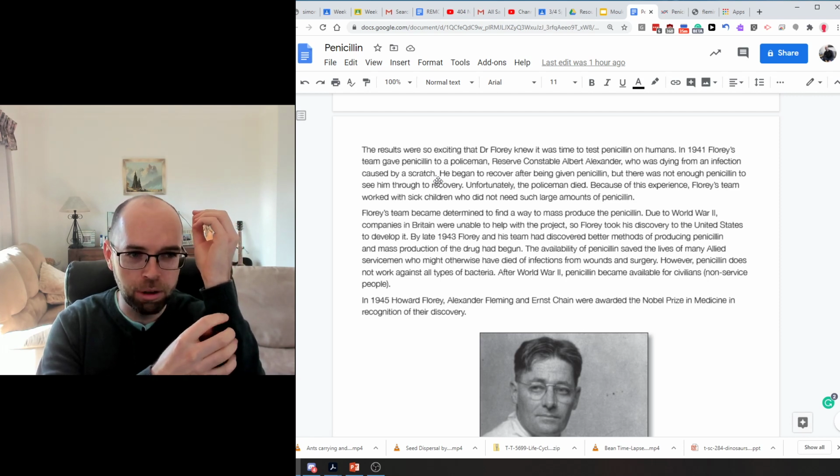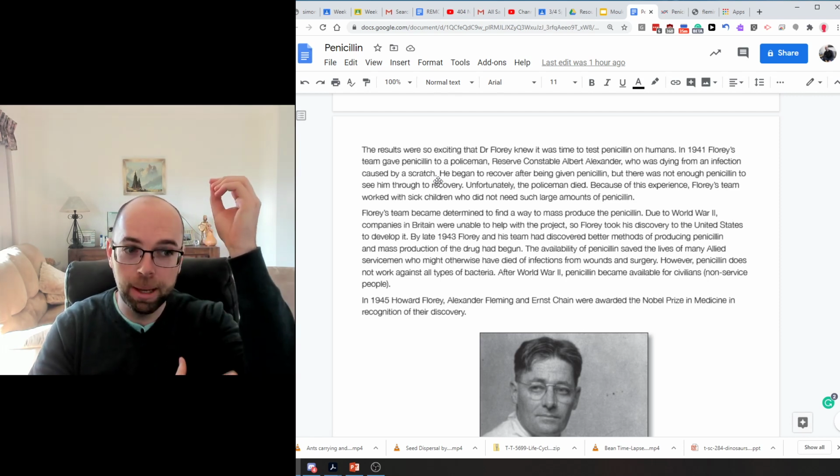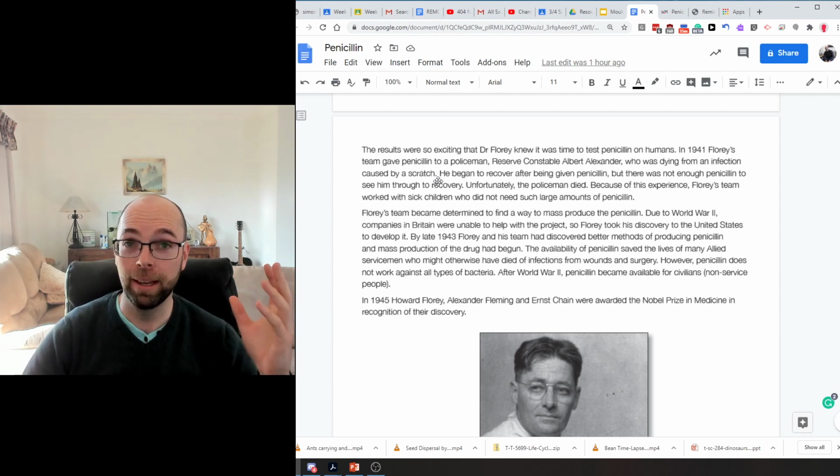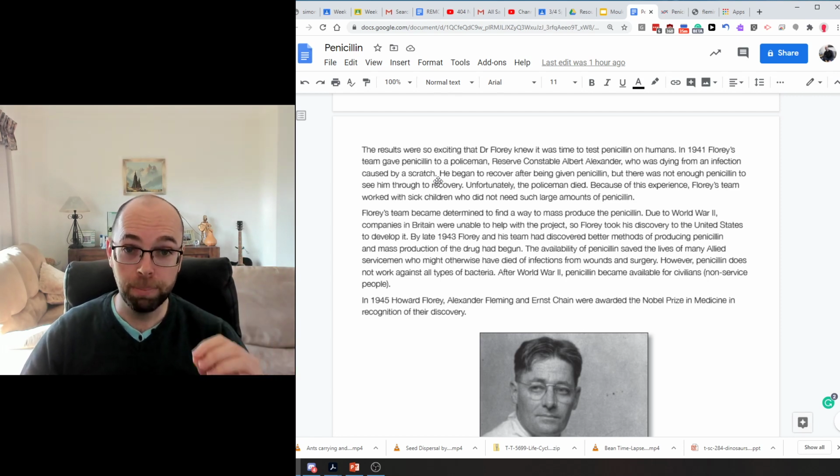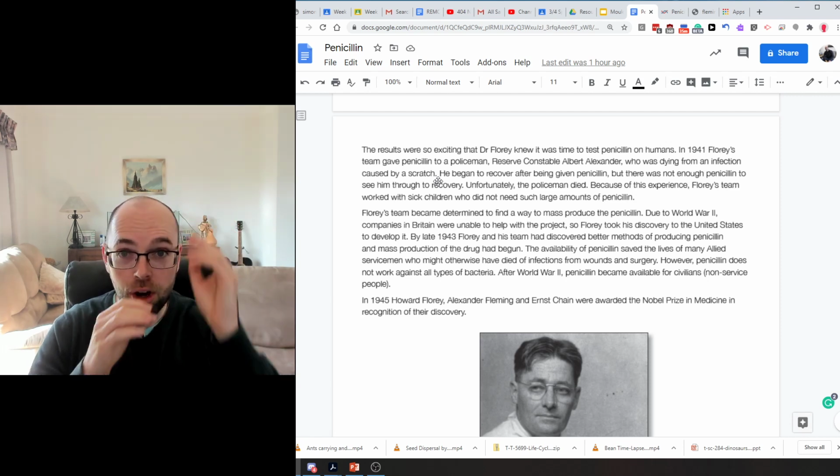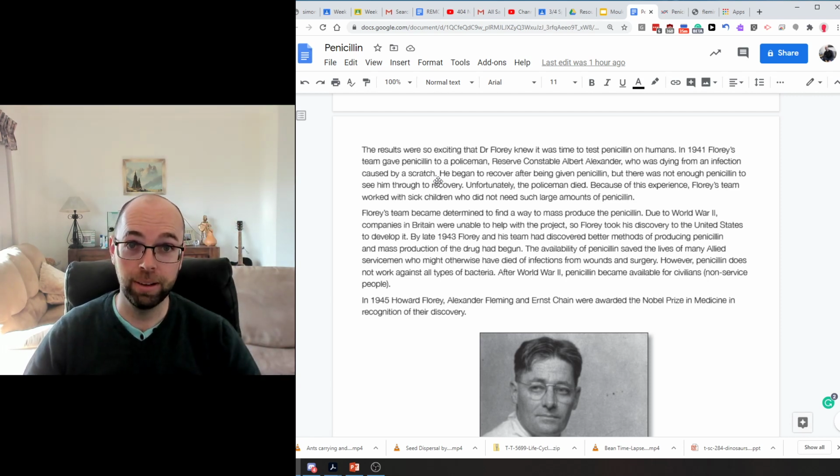And the bacteria would start to grow and spread through their bodies and kill them. In fact, most of the people that died from those wounds died from the bacteria, not the actual injury. And so here was a policeman who was dying because he got a scratch.